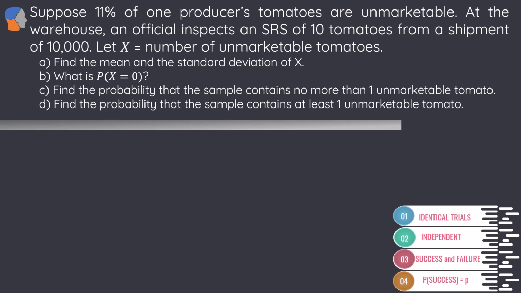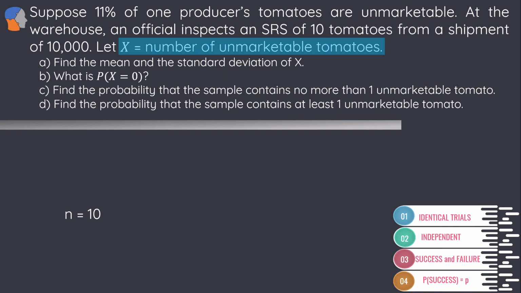We need to check these four conditions. First one, identical trials. Yes, simple random sample of 10 tomatoes, n equals 10. Independent? Yes, here the tomatoes are independent. Then the third one, success and failure. First go to the random variable X. It is the number of unmarketable tomatoes.